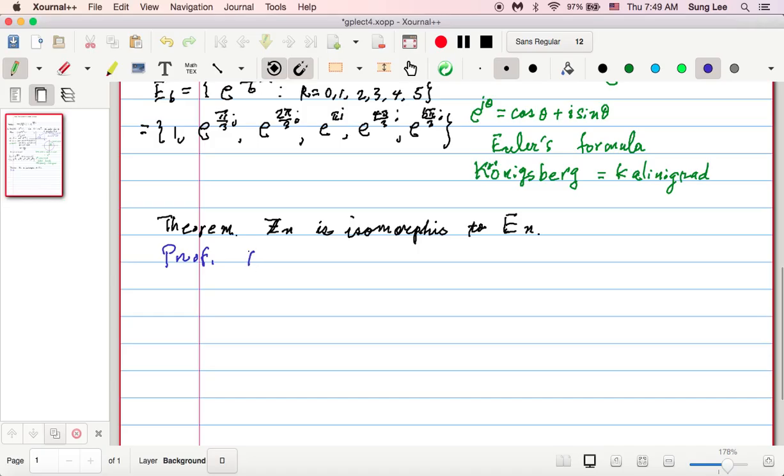We are going to define a map phi from C sub n to E sub n in a pretty natural way.